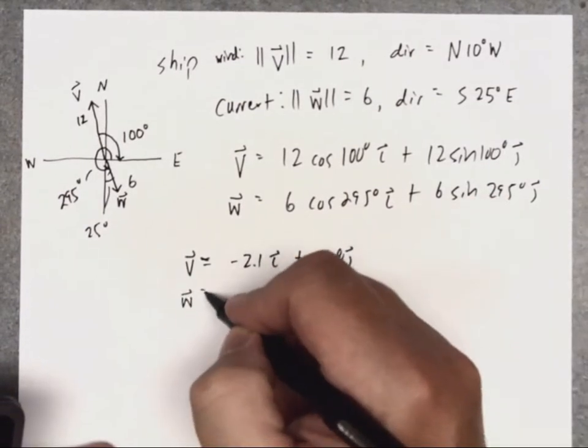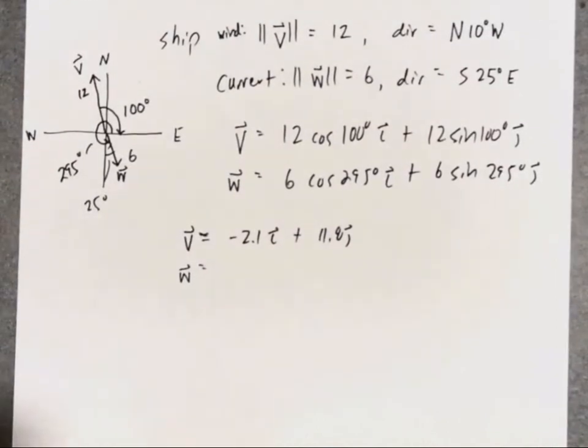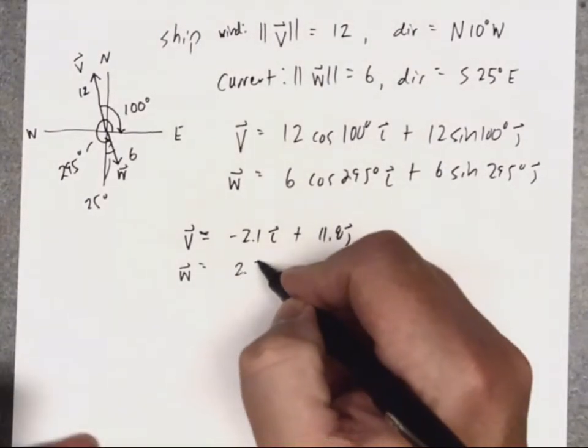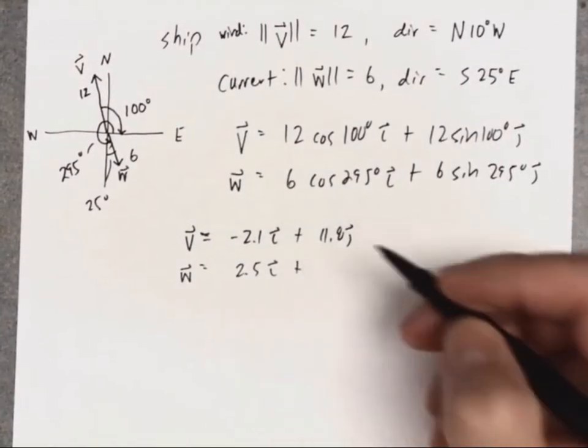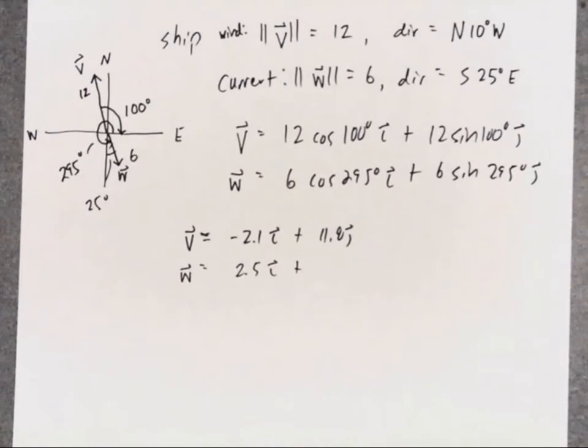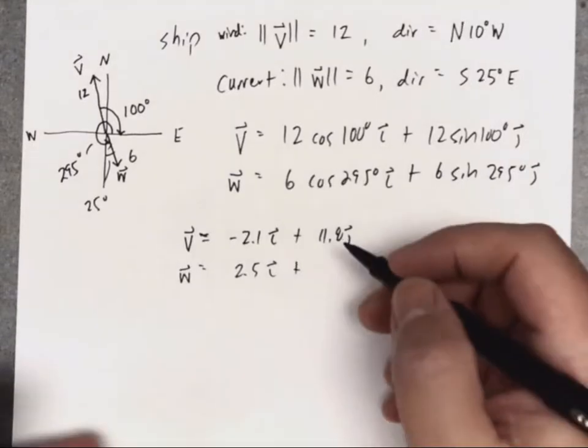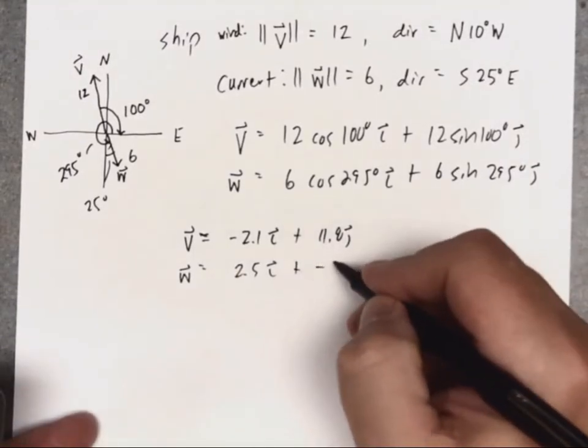The W vector, cosine of 295 times 6, 2.5 I. And then the j part, 295 sine times 6 equals negative 5.4 j.